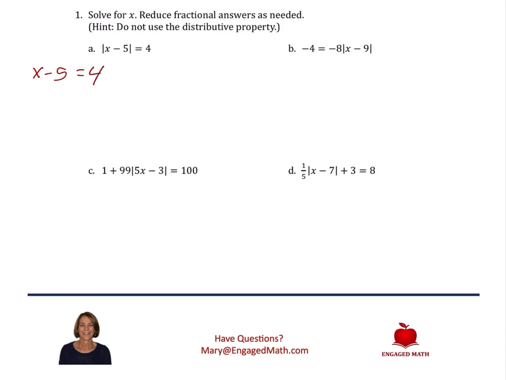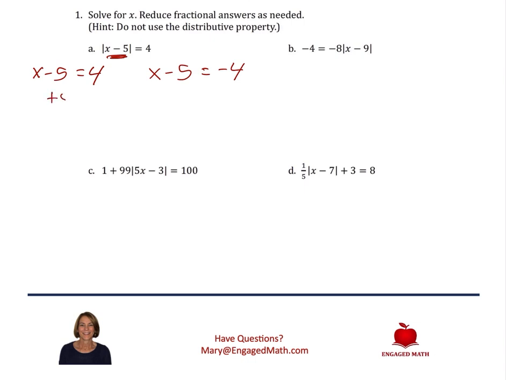But it's also true that the absolute value of x minus 5 equals 4 implies that the value of x minus 5 can be equal to a negative 4. Because if the quantity inside that absolute value is equal to a negative 4, when we take the absolute value, we're still going to get 4 and get an equation that is true.